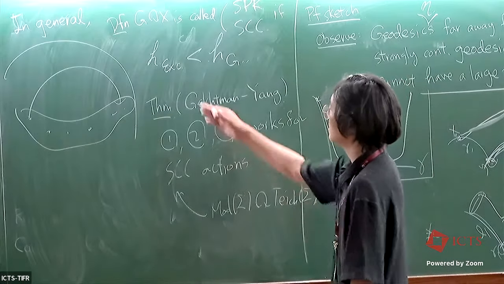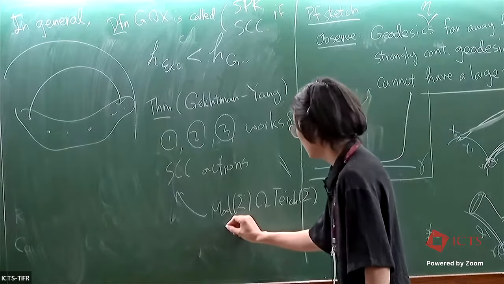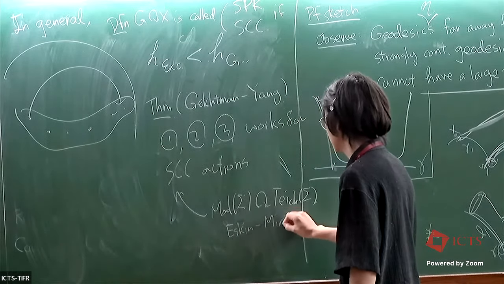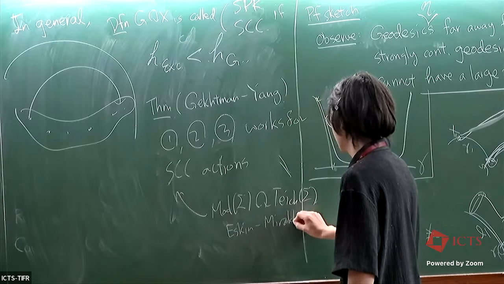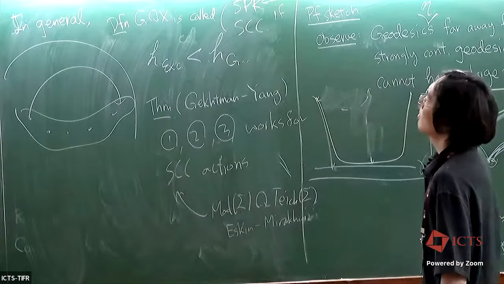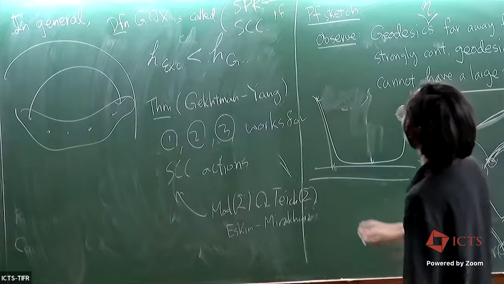The ingredient, this strict inequality for the action, was observed by Eskin and Mirzakhani. And the notion is due to Shapira, Samuel Tapie, and Wenyuan Yang.